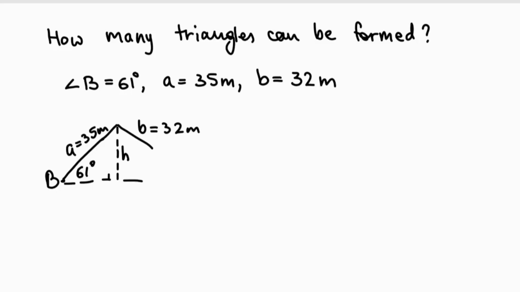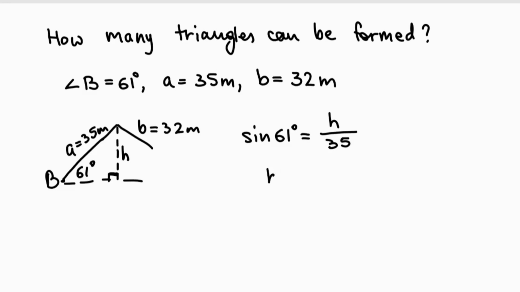And in order for us to determine whether it is, we need to determine the length of the height. So that we can determine the length of the height, we need to use the trig ratio for the right angle triangle. So within the right angle triangle of the angle B, side A, and side H, we can use the ratio of sine in order to determine the side length of H. So sine of 61 degrees is equal to opposite over hypotenuse.